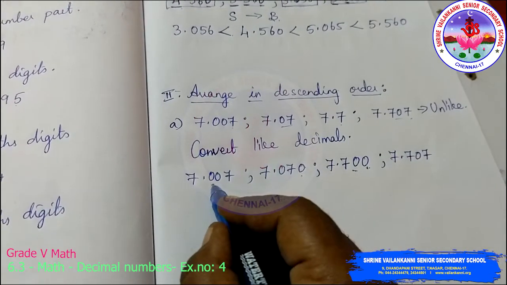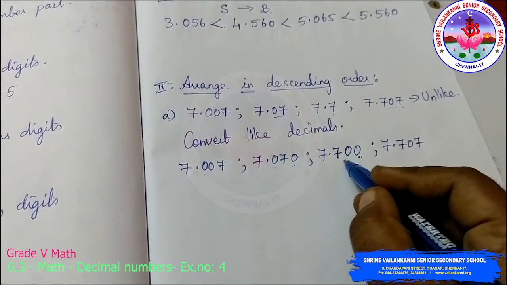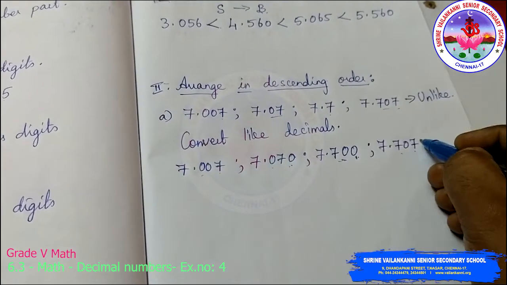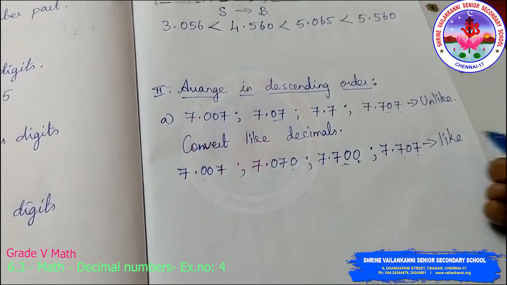Now if you see, 3 places after the decimal in every number. Now they are like decimals.